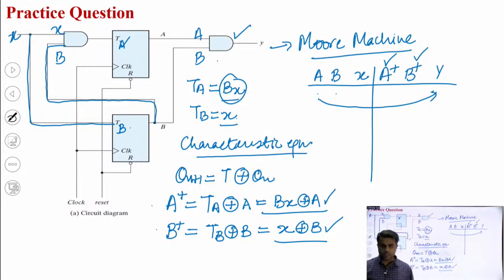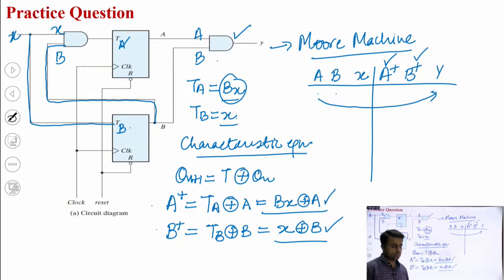Now we can convert any given circuit into a state table by using the characteristic equation of the particular flip-flop which is provided to us, preparing the state table, and then finally converting that state table into a state diagram. Okay, so this is the analysis part.